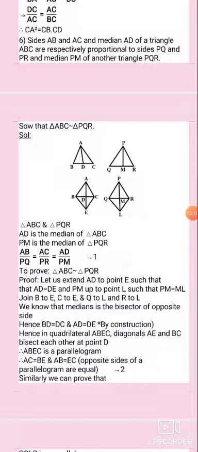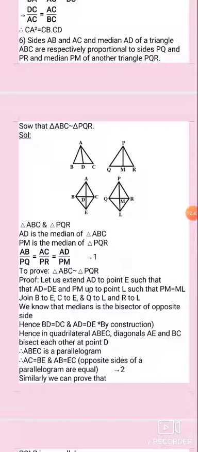For that proof, let us extend AD to the point E such that AD is equal to DE, and PM up to the point L such that PM is equal to ML. Join B to E, C to E, and Q to L and R to L. We know that a median bisects the opposite side.